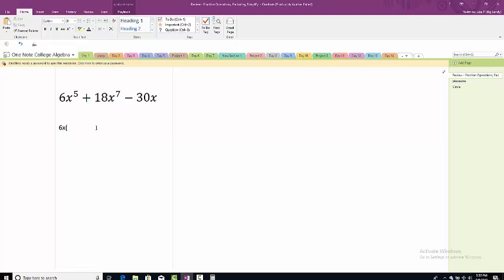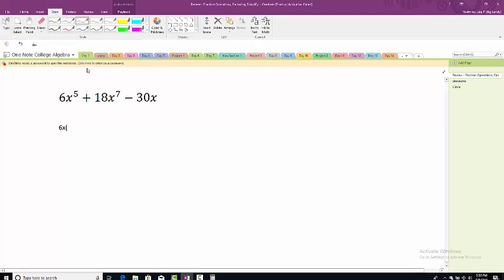Now what's left? What I'm doing is I'm dividing each term by 6x. So 6x to the 5th divided by 6x, well, 6 divided by 6 is 1. x to the 5th divided by x is x to the 4th.